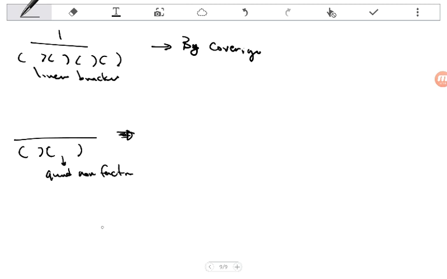The third form that I would learn is when I have a linear bracket but raised to some power. For example, if I had x minus 1 multiplied by x plus 1 all to the power 3, and here I have something like this.